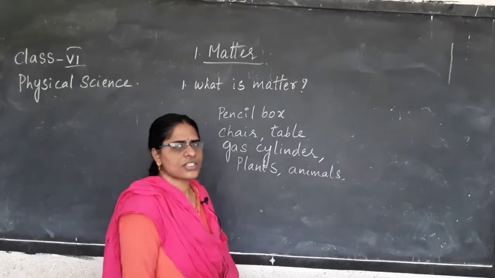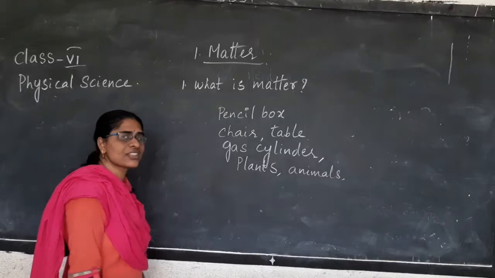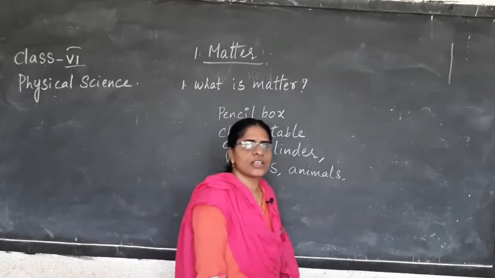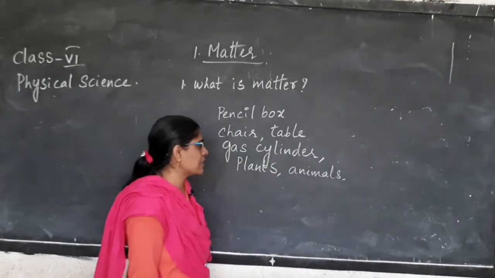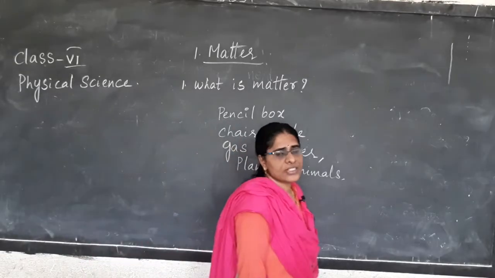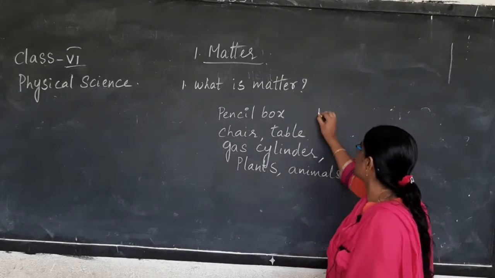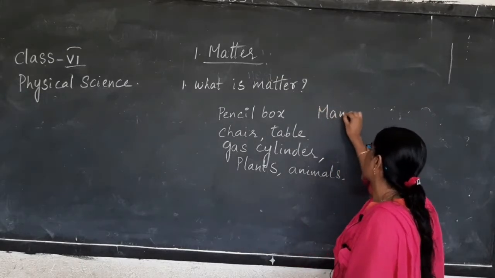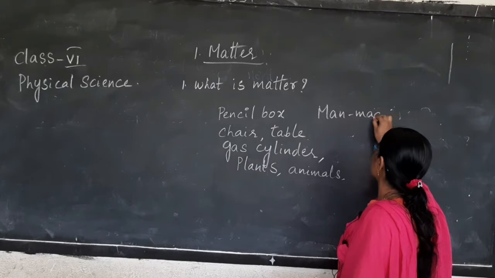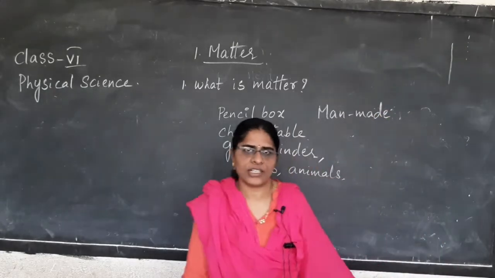All these you are seeing in your day-to-day life. Now here some are living things, some are non-living things. Apart from this, we are also seeing some things made by man. We call them man-made things or artificial things.